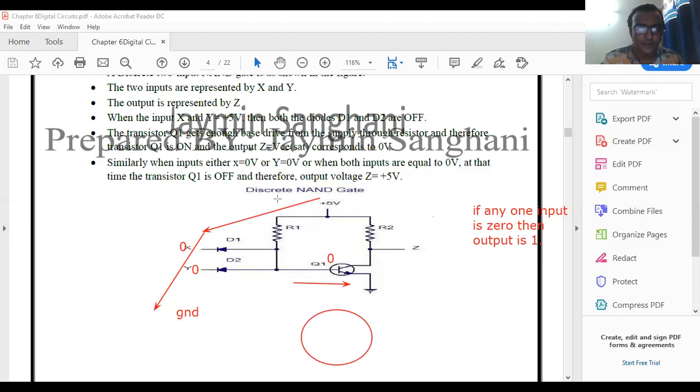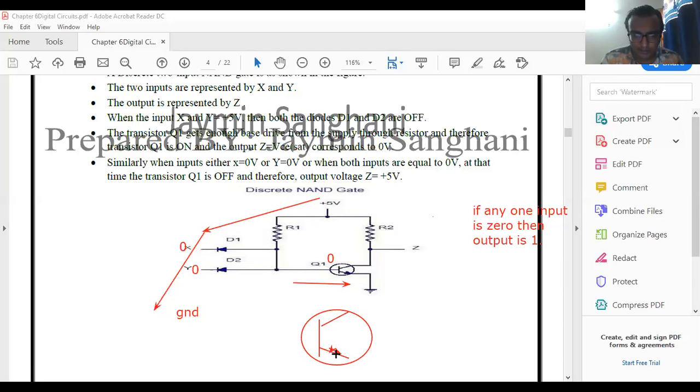See this very carefully. If we apply 0 volt here, see this. This is the symbol of the transistor. I have sketched it here and marked it with arrows so you will be able to understand.